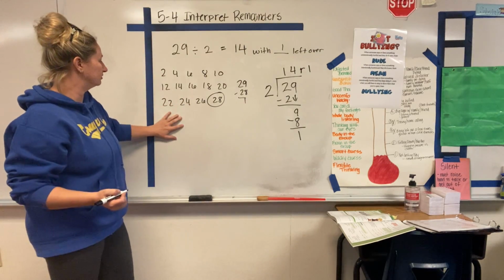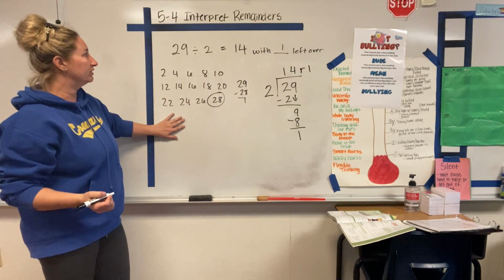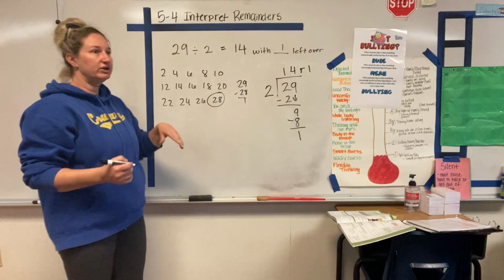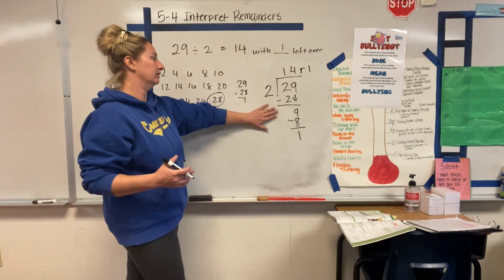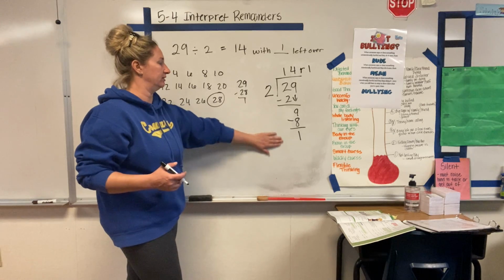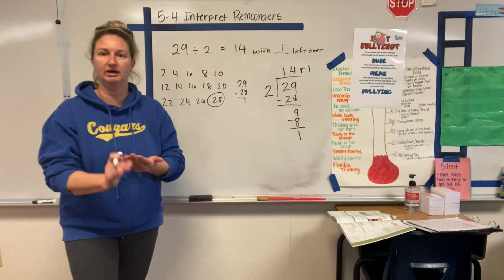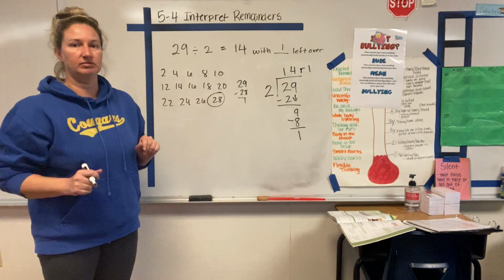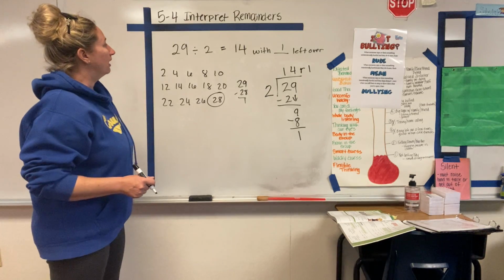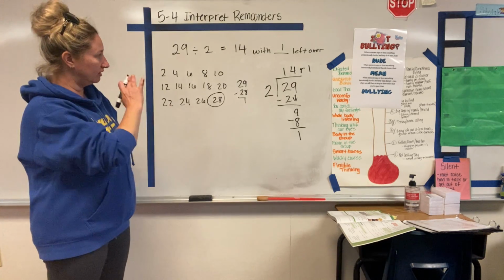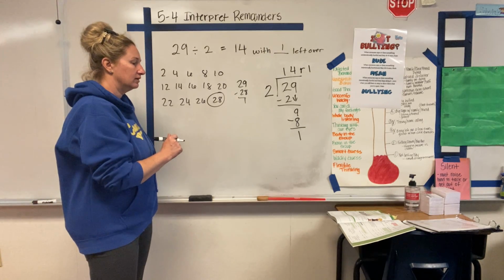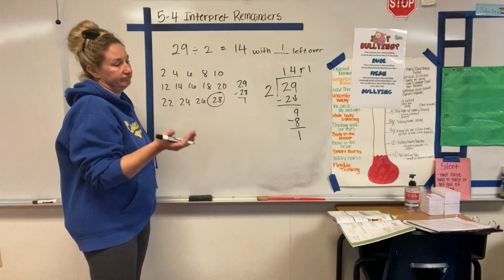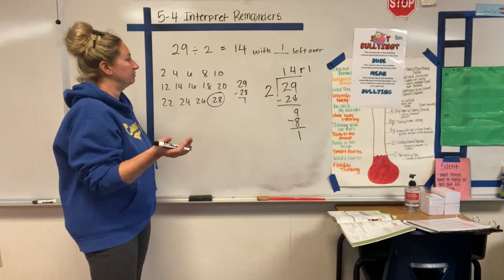Now, counting your multiples is fine for now with these smaller numbers. But when you get into the hundreds and thousands, we're going to want to make sure we're doing this algorithm because counting by multiples will be way too time consuming, okay? So I'm going to erase this and I'll send you with your problems to do.